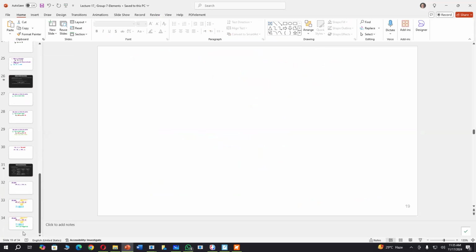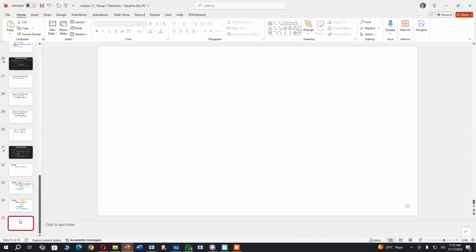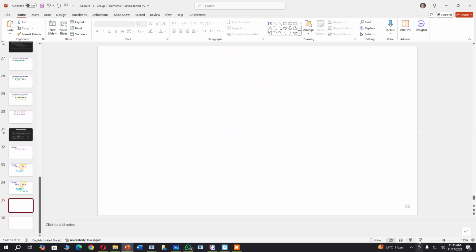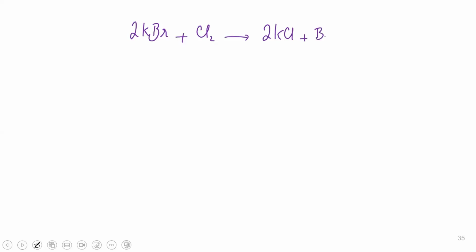Now we have to discuss the ionic equation in some more detail. We are going to use the same equation as a sample: 2KBr plus Cl2 gives 2KCl plus Br2.